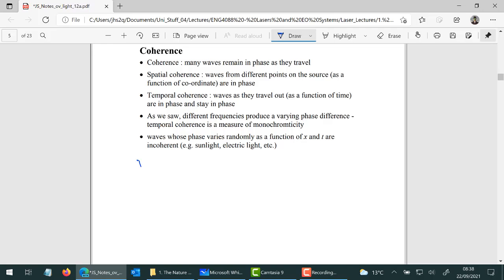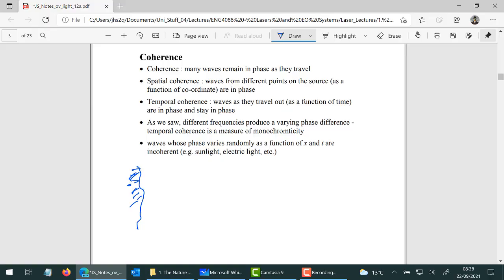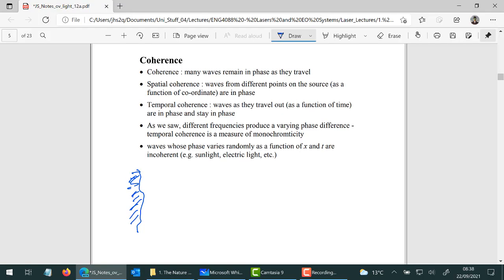So let's imagine we've got some surface here, and that surface is giving out light. So here's our wave coming from that particular point, and the wave which is coming from this particular point is going to stay in phase with it.